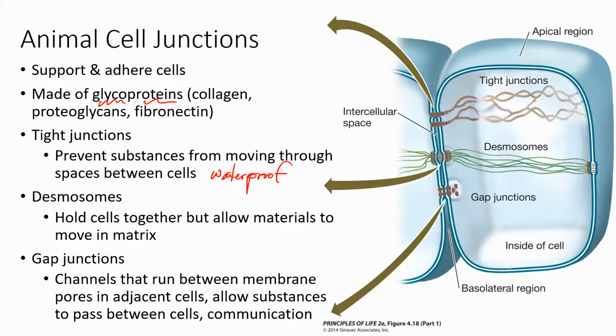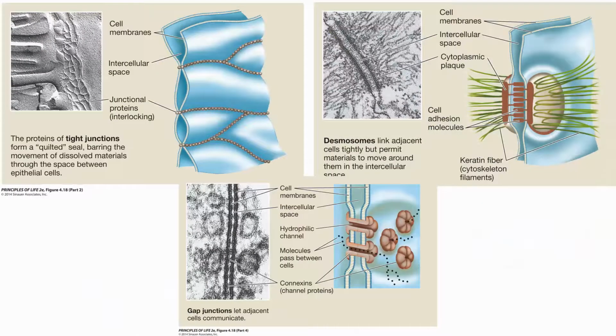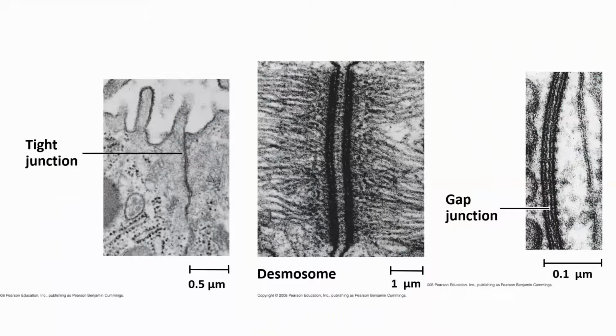So you can have actual molecules that are transferred from one cell to another directly. They're not super common in adult cells, though they're found a little more often in embryonic cells. And this is just close-ups and some electron microscope images of these types of cell junctions. Other electron microscope images, feel free to pause and check them out.